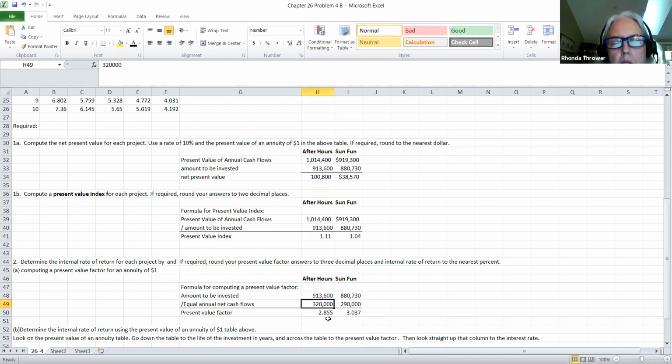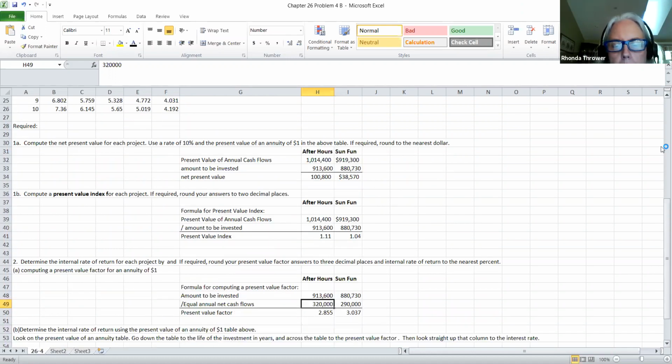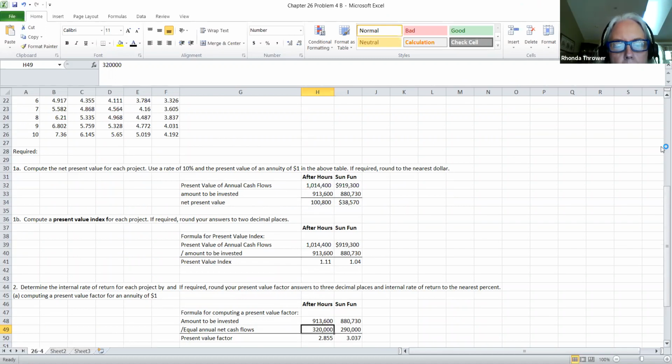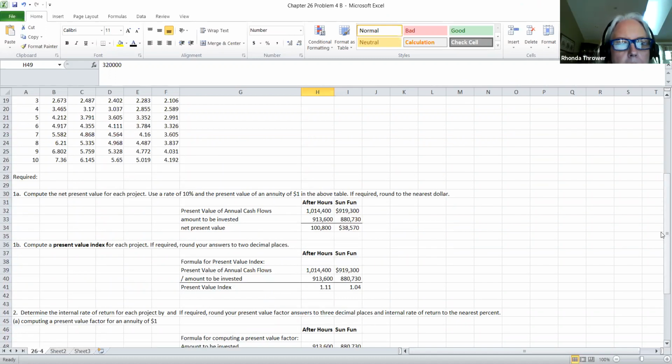So they're kind of showing you how they have come up with these present value factors up here. Notice that ours was 3.17 as a present value factor that they came up with here. But we're coming up with one that's 2.855.